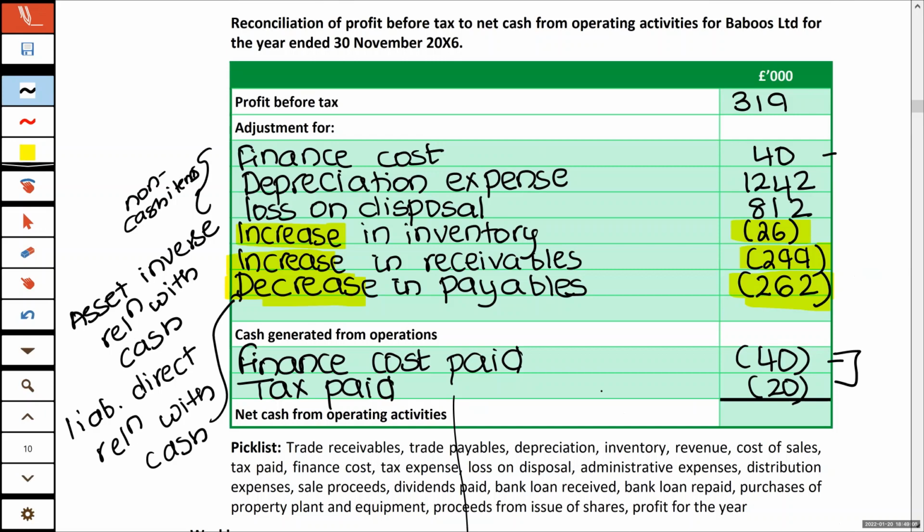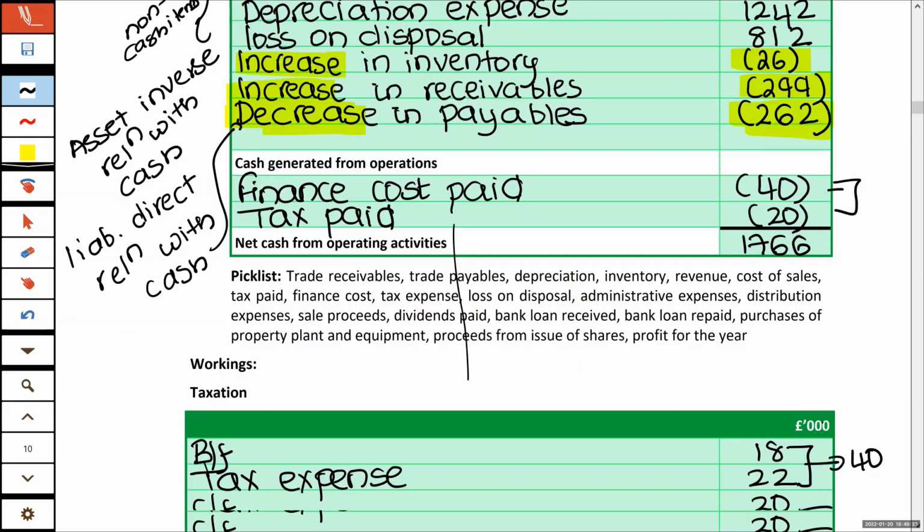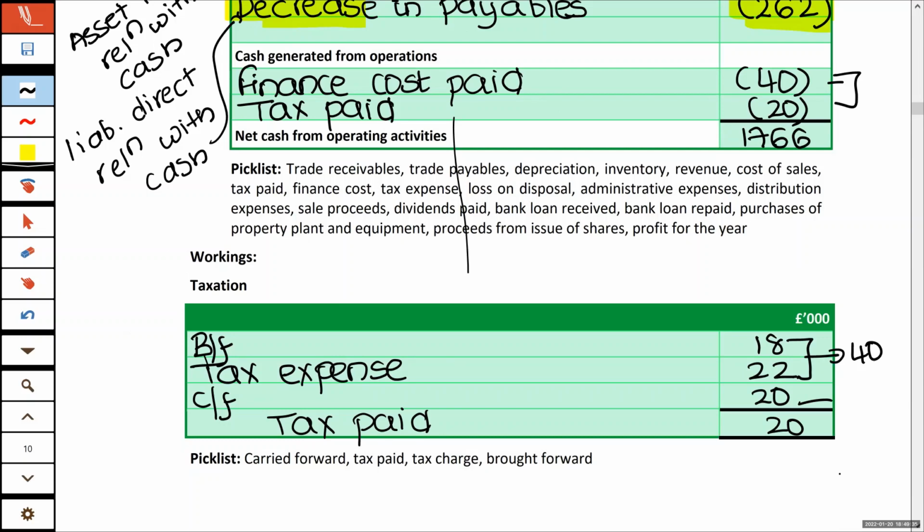Have a check again of what you get. Perfect there. It should come to 1766. That 1766 becomes part of net cash from operating in part B.